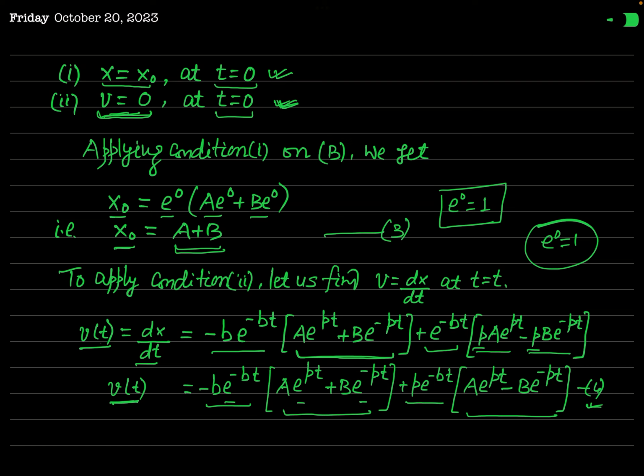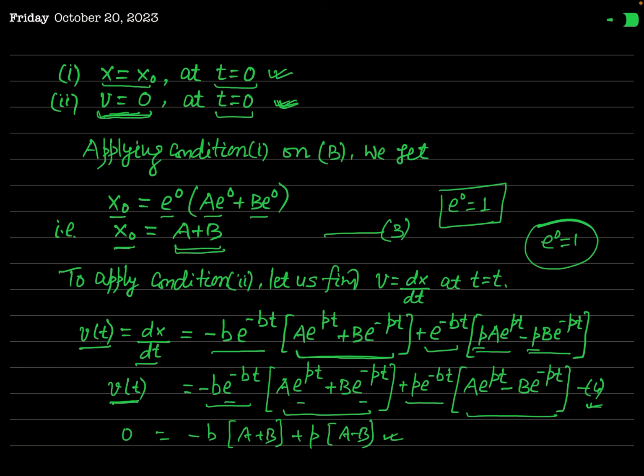So what will be our result? You can see this will be simply 0 equal to minus b, because e to the power minus bt will be e to the power 0, which is 1, and inside this bracket there will be a plus b, because the exponential factor is 1 now, and plus p times a minus b.